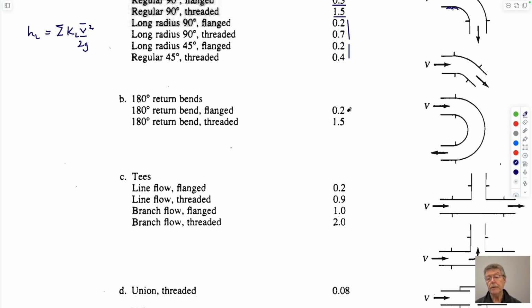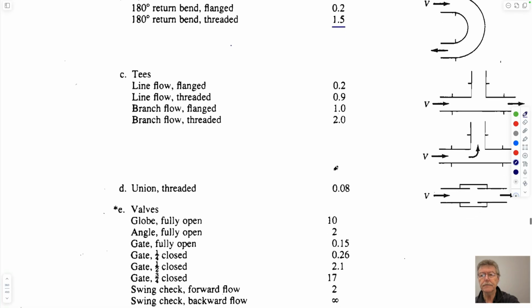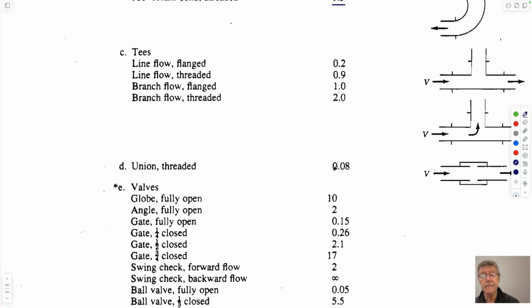If you have a 180 degree bend, again, flanged versus threaded, not quite conforming completely to what I said about 0 to 1, but you get the picture. T's, of course, some T's could be open, if flow could occur within this.